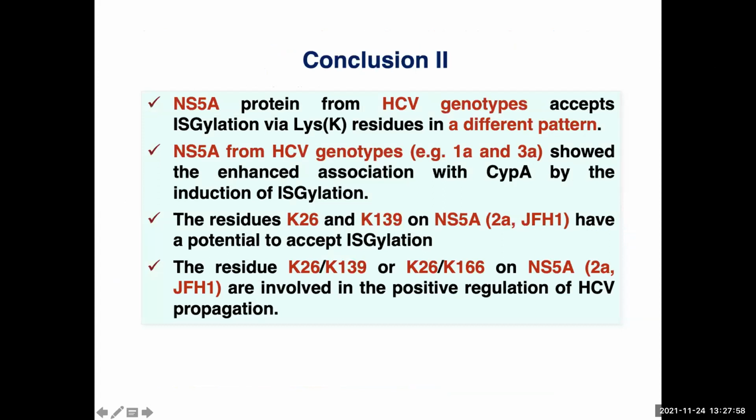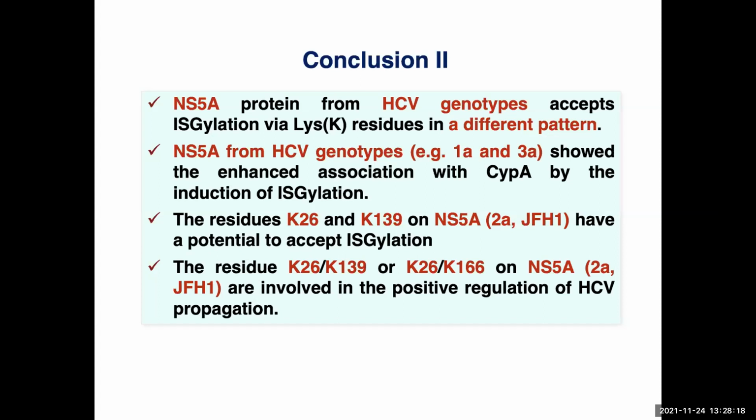So here is the conclusion of the second part. NS5A protein from other HCV genotypes also accepts isolation at lysine residues, but in a different pattern.